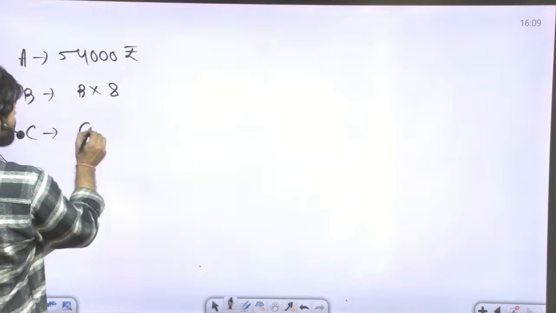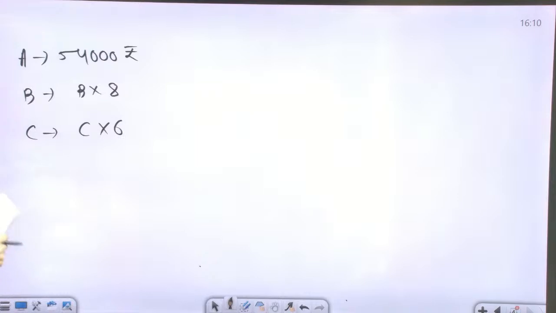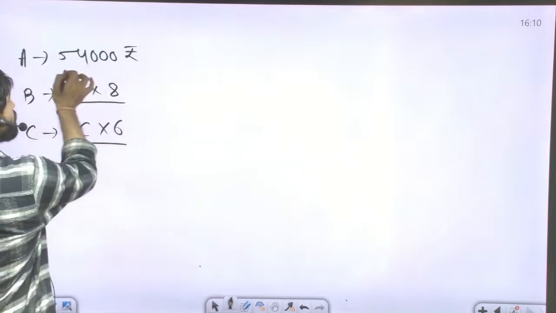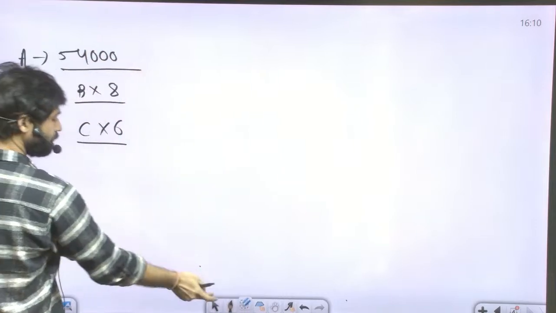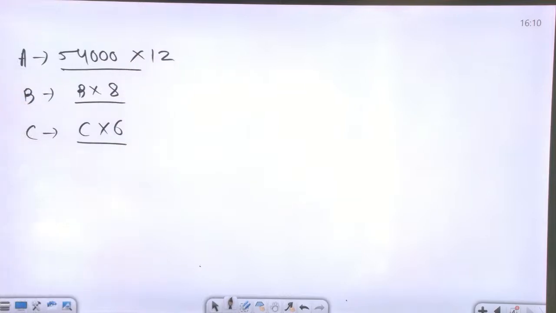I'm taking the capital invested by C as C. And we have the profit sharing ratio, and to make this profit we have to multiply it by the number of months. The number of months for A was 12, because no information is given about A, so he has not changed his capital. Any problem in this?